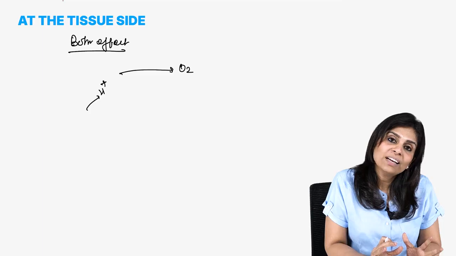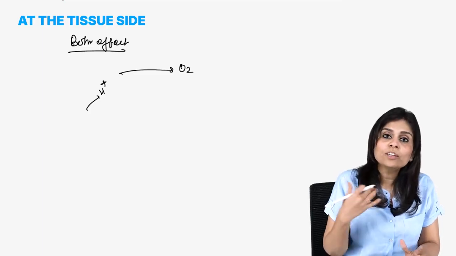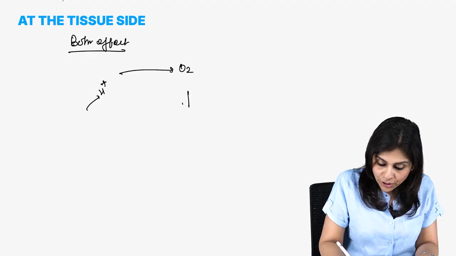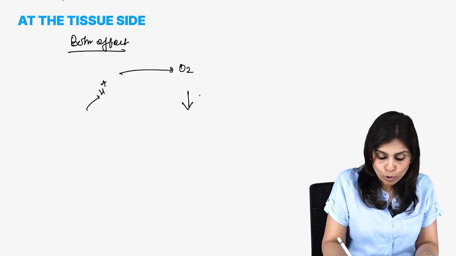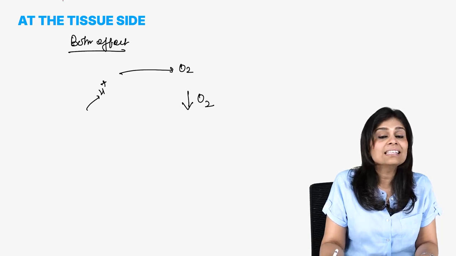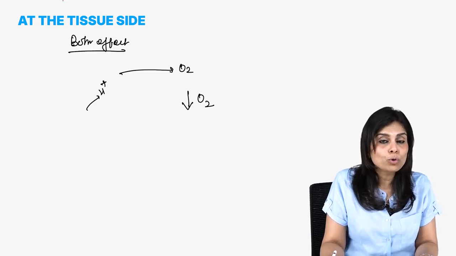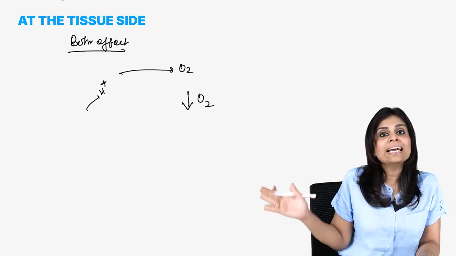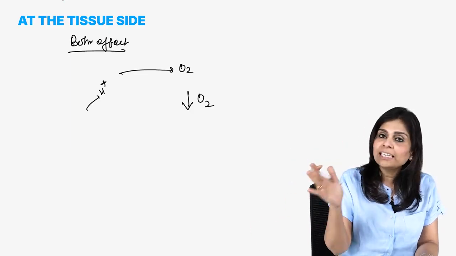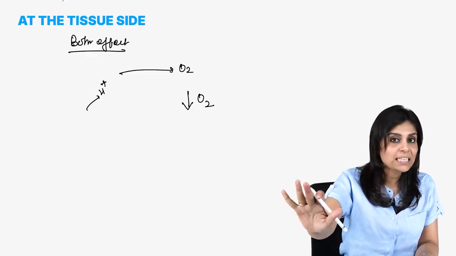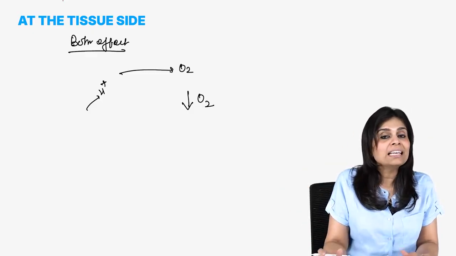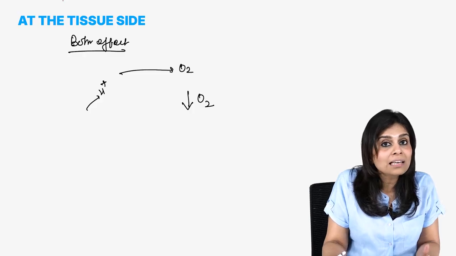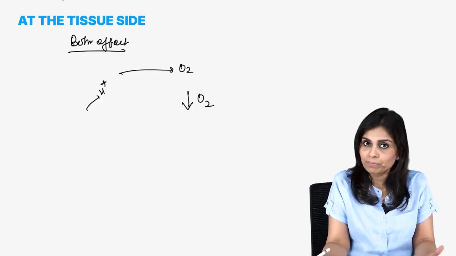To tell you the Bohr effect in another way, there is a reduction in the affinity of hemoglobin for oxygen on H plus binding. After H plus binds, oxygen has to leave. That's called the Bohr effect, and this Bohr effect happens at the tissue level.